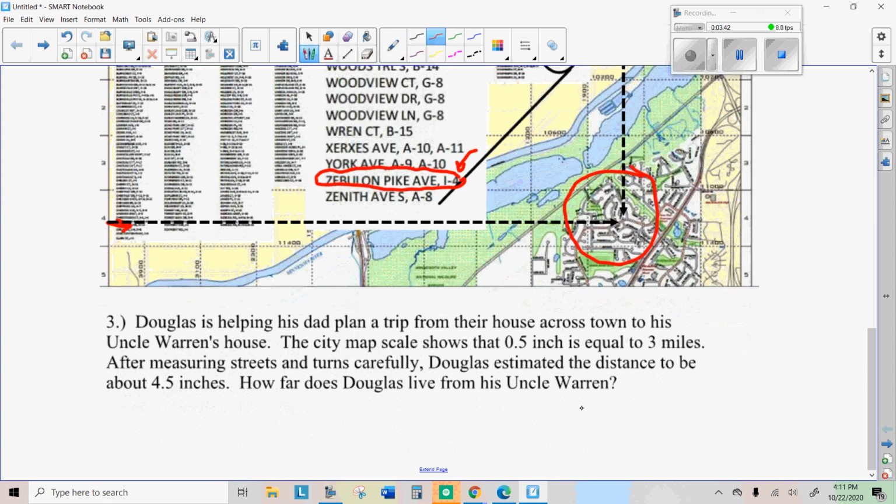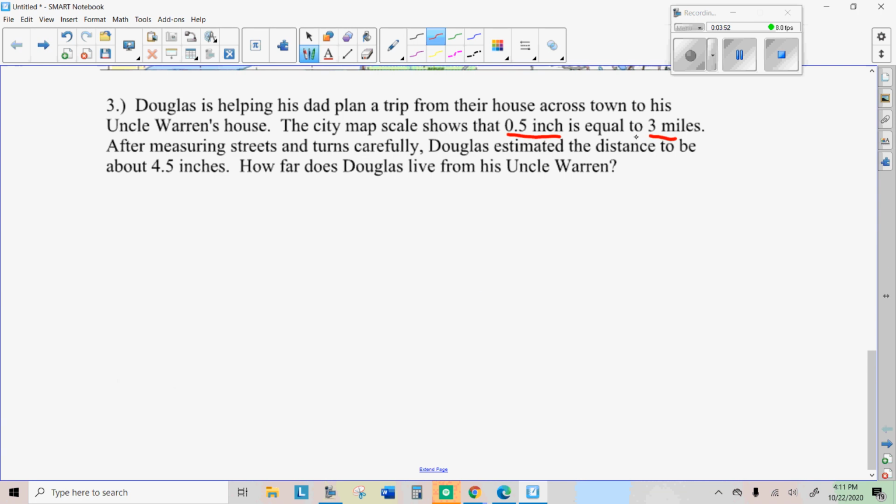All right, so Douglas is helping his dad plan a trip from their house across town to his Uncle Warren's house. The city map scale shows that a 1/2 inch is equal to 3 miles, so let's write that down. 0.5 inches, 3 miles.